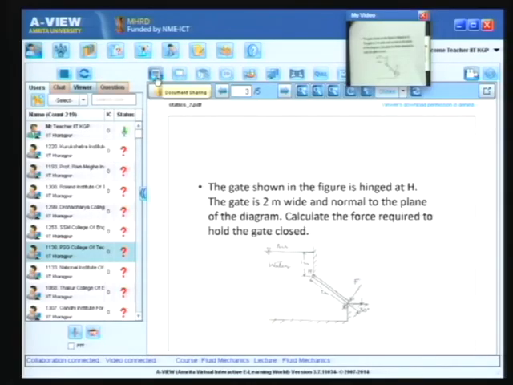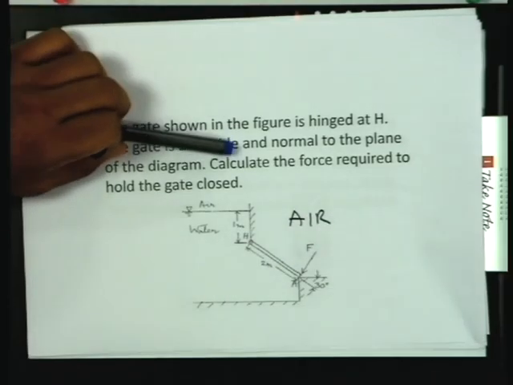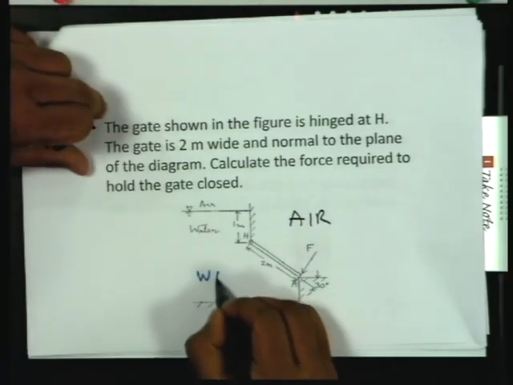The third question is related to the hydrostatic forces acting on a gate. There is a gate which is exposed to air on one side and it is exposed to water on the other side.